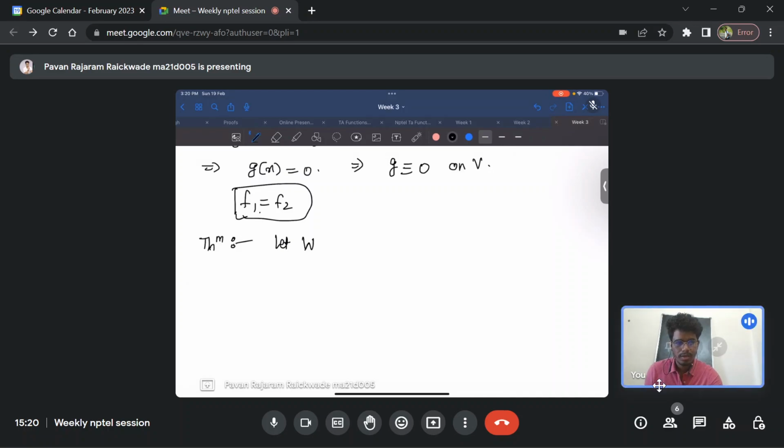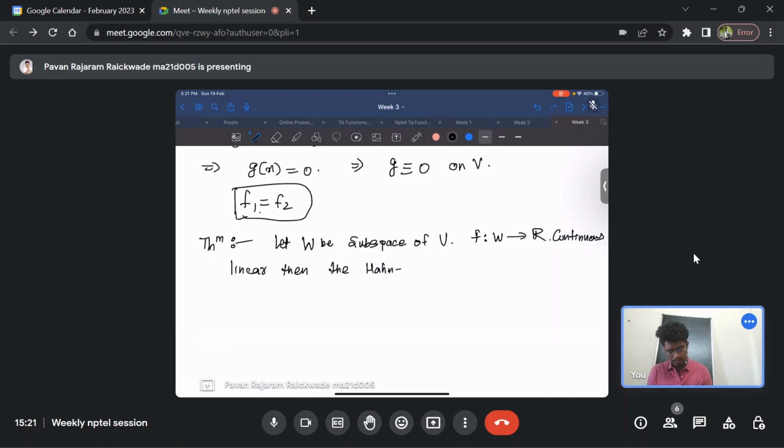Okay, you can mute yourself if you want to. The theorem: then this extension to the whole space V is unique if and only if V star is strictly convex.